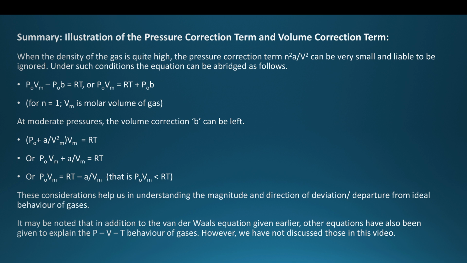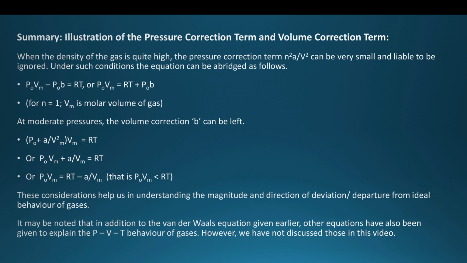When the density of the gas is quite low, the pressure correction term can be very small and liable to be ignored. Under such conditions, the equation can be abridged as follows: PV equals RT plus Pb, for n mole, Vm is molar volume.